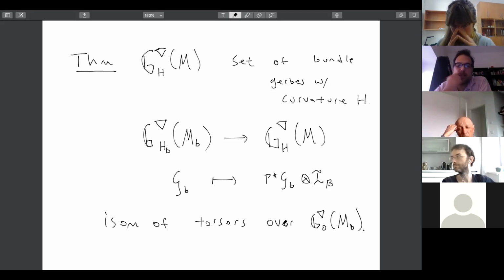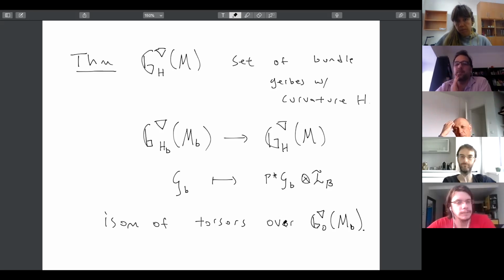So these line bundles are complex line bundles, and that does lead to the connections being given by complex one-forms and the curvatures given by complex two-forms. Okay. You can try to think about a Hermitian structure, and that's actually what is done for ordinary bundle gerbes.